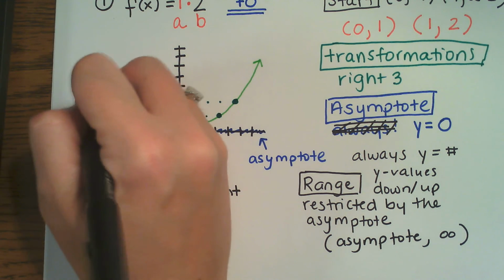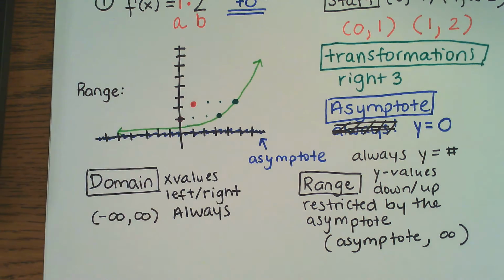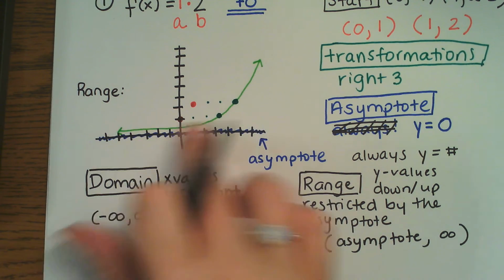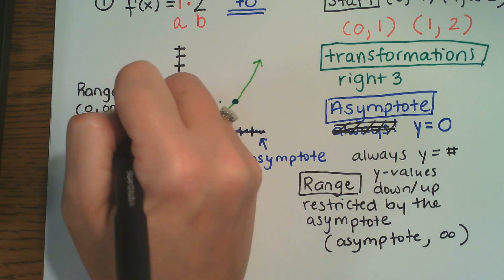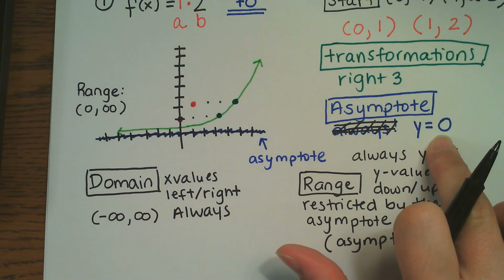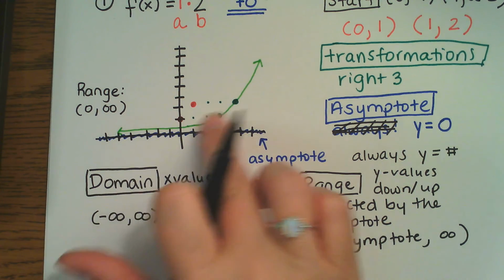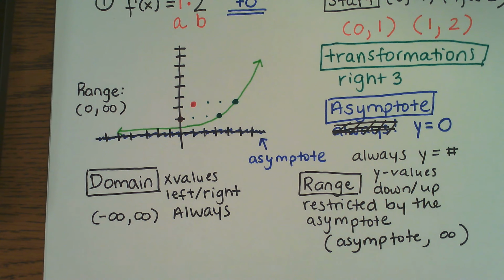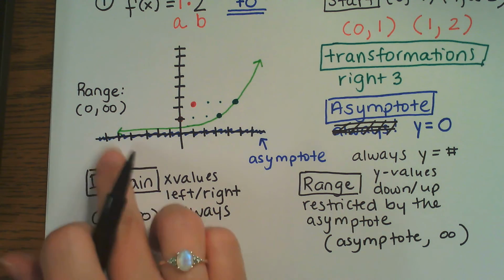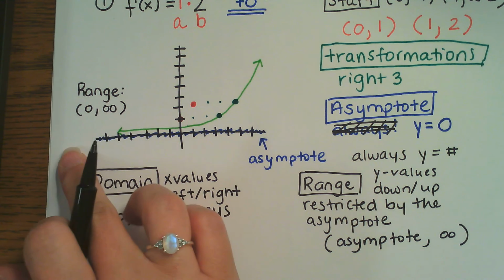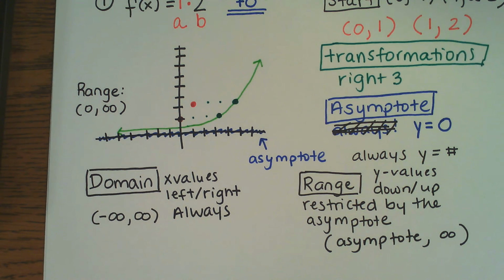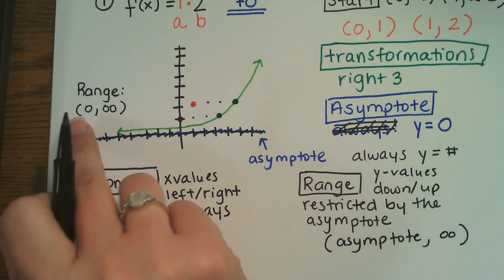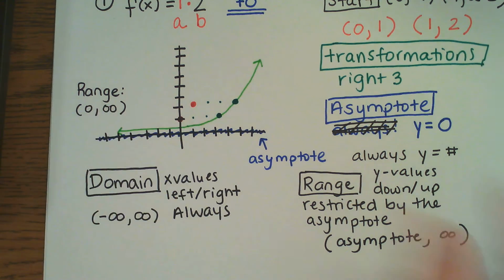So just to show you, the range for this particular graph is going to be 0 to positive infinity, because our asymptote was at 0 and the graph continues to go up forever. The range would only change to be negative infinity first if the graph was reflected across the x-axis. We're not going to look at any reflections, so it's always going to be number, comma, infinity.